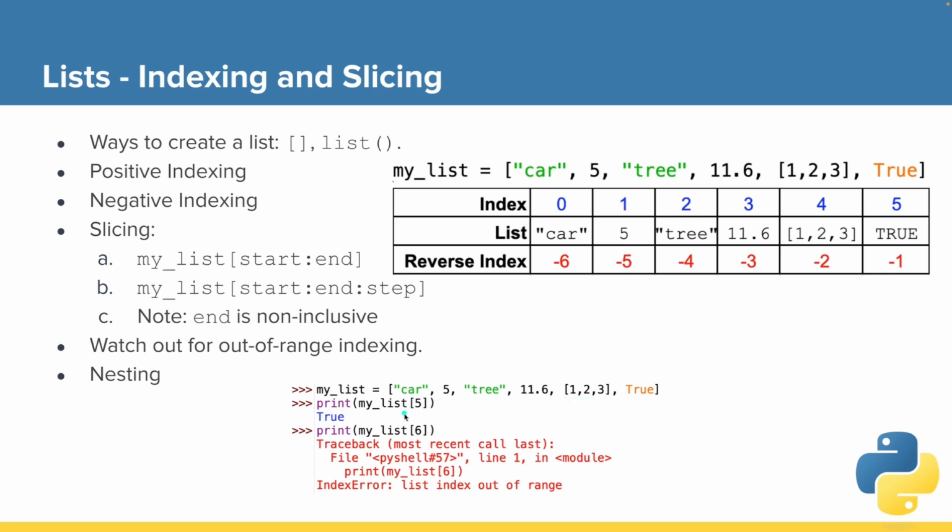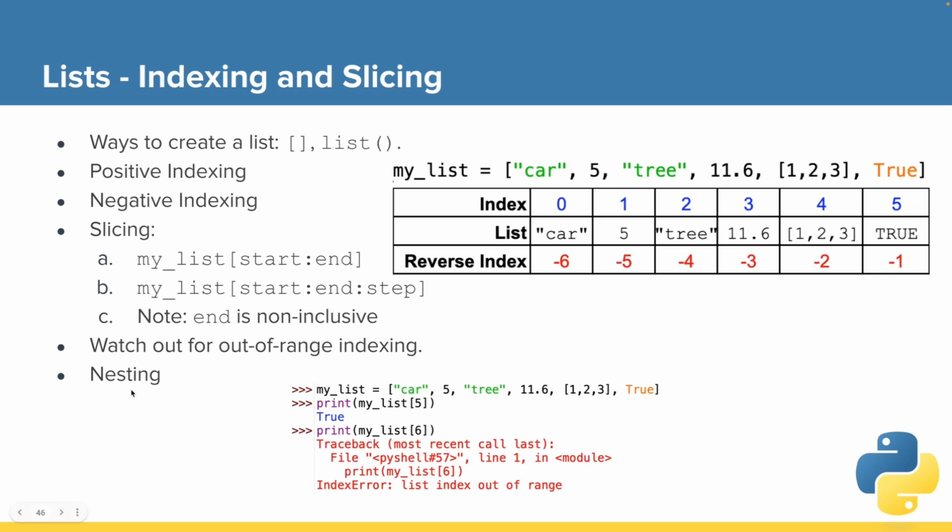So if we print the 5th item with our 5th index item, which if we look here is actually the 6th item, we see that it prints out true. But if we try to reference an index position that is not within our list, we will get an index error. So index position 6 we see does not exist. That would be one more. So watch out for out of range indexing.